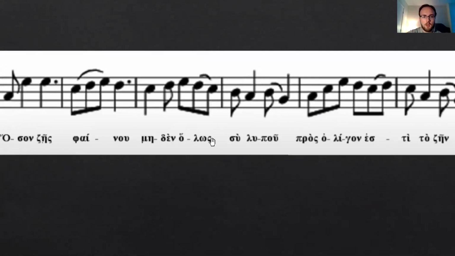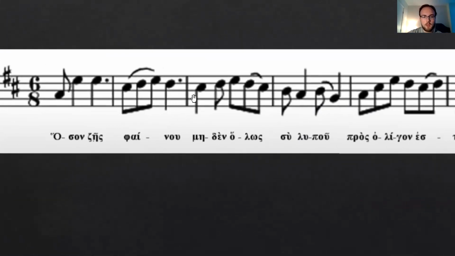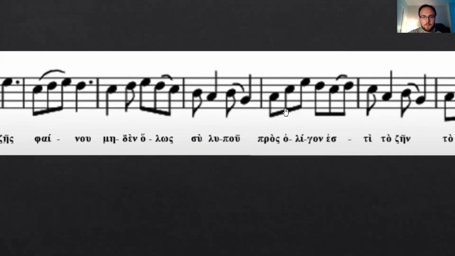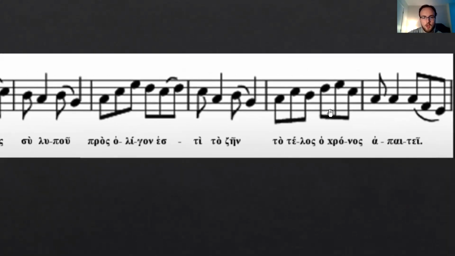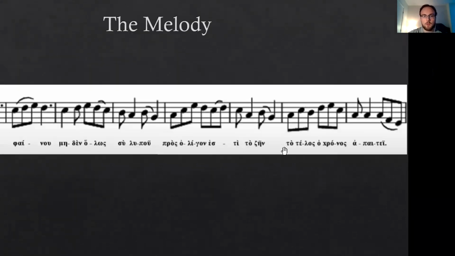And we see right here the o being higher pitched than the following syllable. We see this right here, oligon, higher than the rest of the utterance. And then we see telos, chronos, again higher than the rest of the utterance.